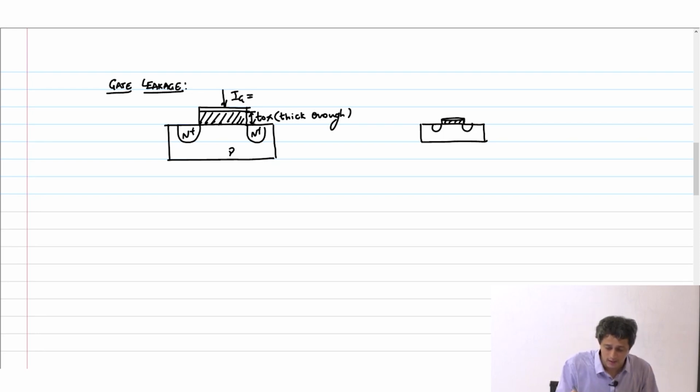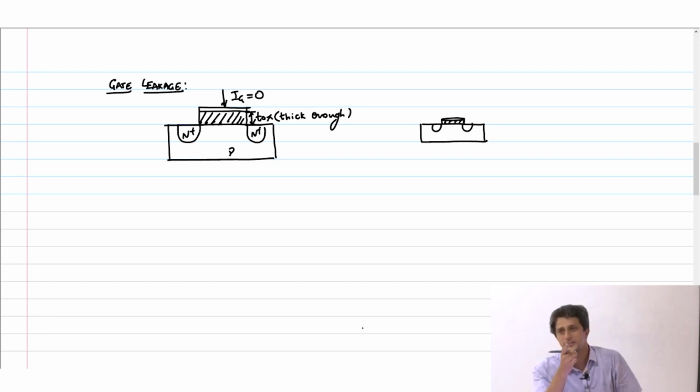Ig is 0, because that is actually going straight into an insulator. Unlike a BJT where the base current is very, very small, right? And that is what is going to result in a larger emitter current, collector current and so on. Here the gate current is negligible, is 0 in fact, right?